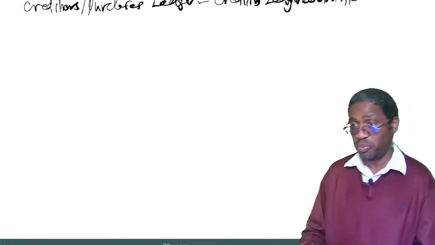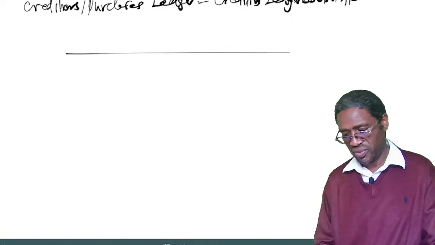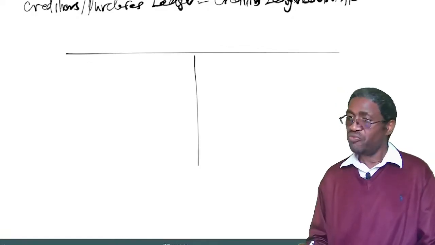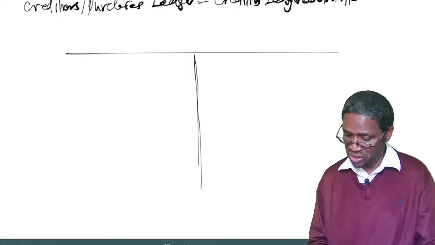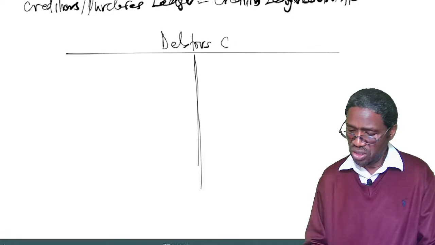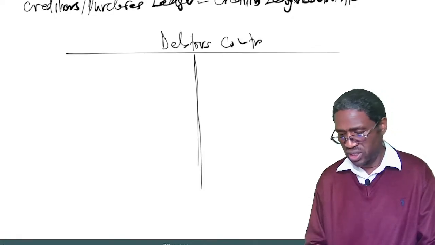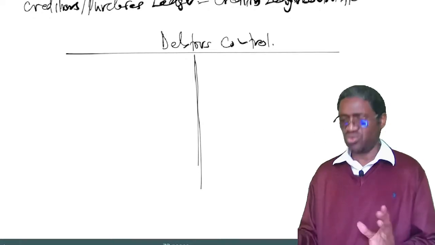How do you prepare these control accounts? Listen now. For the debtors ledger, for all your debtors, you open an account called the debtors control account, debtors ledger control account or debtors control account, whichever you call it.